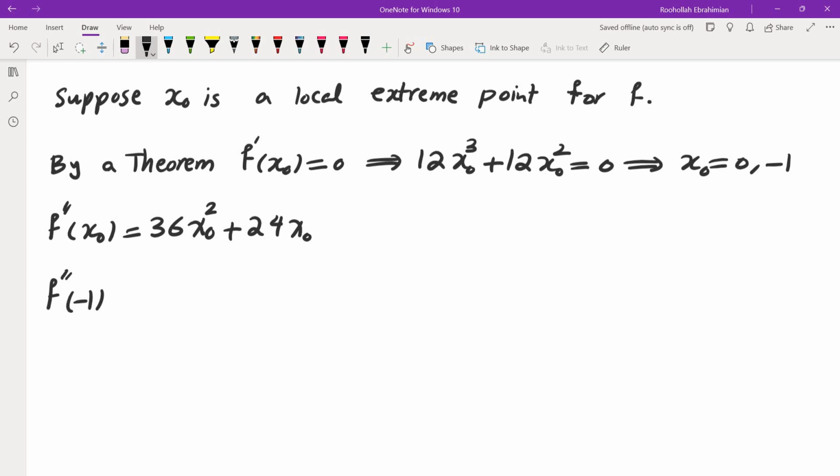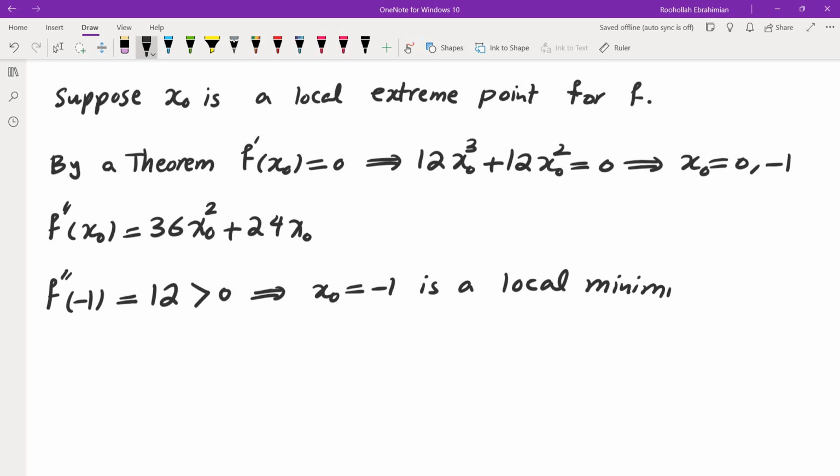If you look at negative 1, that gives us 36 minus 24, which is 12. So that's positive. So that means x naught equals negative 1 is a local minimizer, because the second derivative is positive, which means it is concave up.